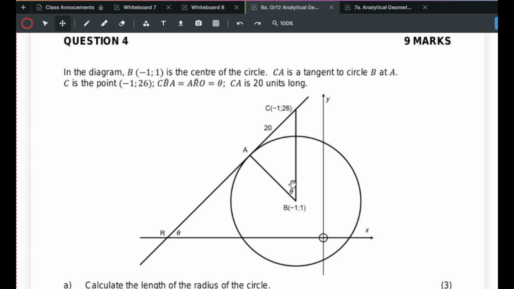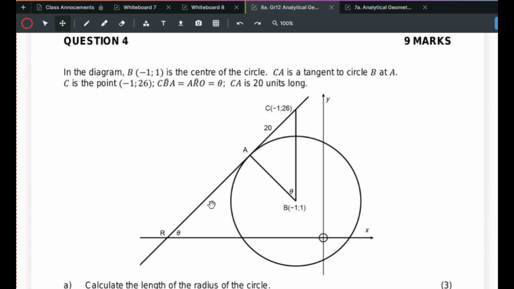Okay, let's see. Question 4 says, in the diagram, B (-1, 1) is the center of the circle. CA is the tangent to the circle with center B at A. C is the point (-1, 26). Angle CBA is equal to angle ACO, which is theta. CA is 20 units long. That's a mouthful.